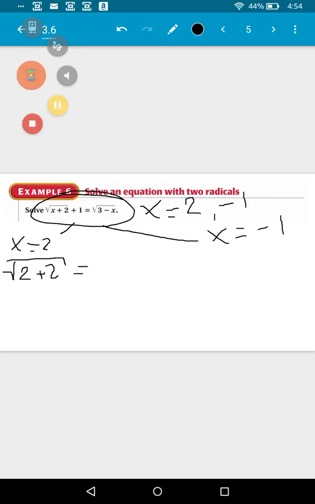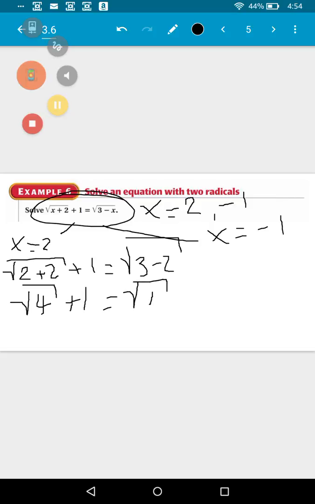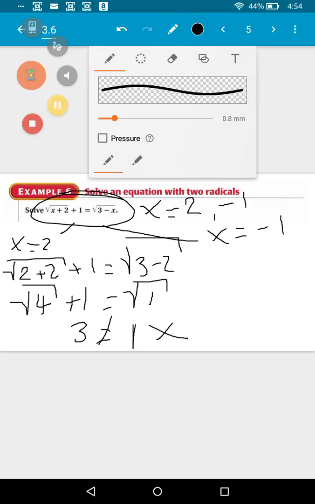Oh, you have the plus 1. Let me not forget. I keep forgetting that plus 1. Sorry, guys. So I have the square root of 4 plus 1 equals the square root of 1. Okay, you guys know the square root of 4 is 2, plus 1 gives me 3. And the square root of 1 is 1. 3 does not equal 1. So x equals 2 is not an answer.